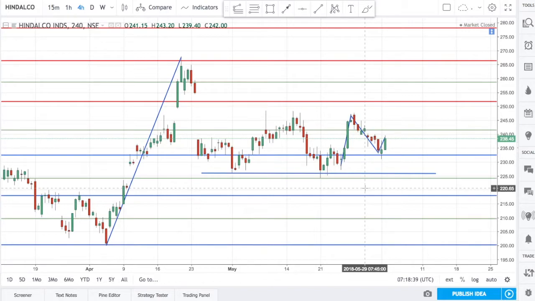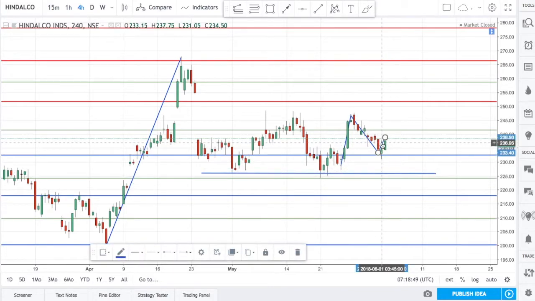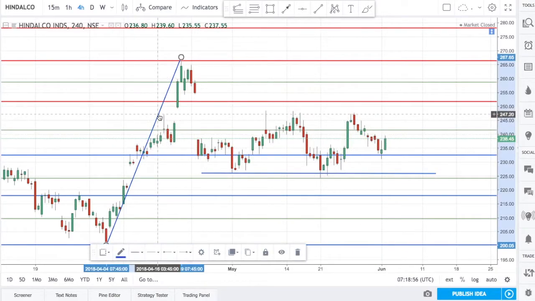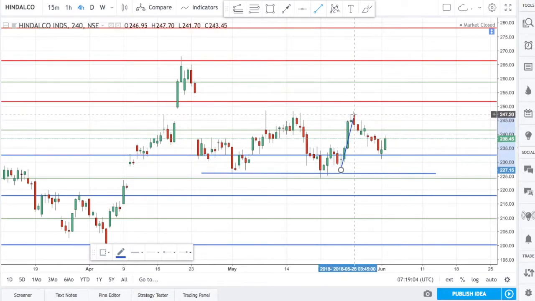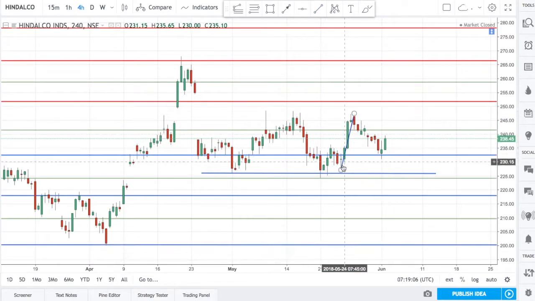Now once we have our setup, the next step is to look for references to support our trade assumption. So let's see if we can have any references to support our trade. From this swing low to swing high, we have our AB leg.